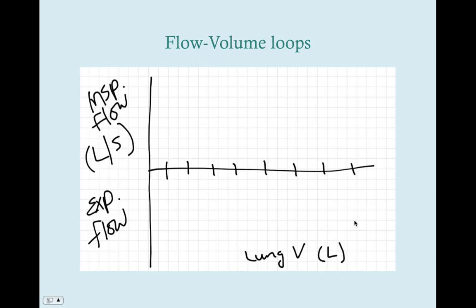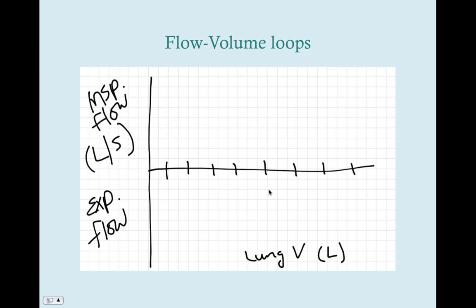Okay, so another way other than spirometry that we can look at breathing is flow volume loops. To get acquainted with this loop, we're looking at both the positive and the negative on the y-axis. On the y-axis, we're looking at flow, so this is liters per second.